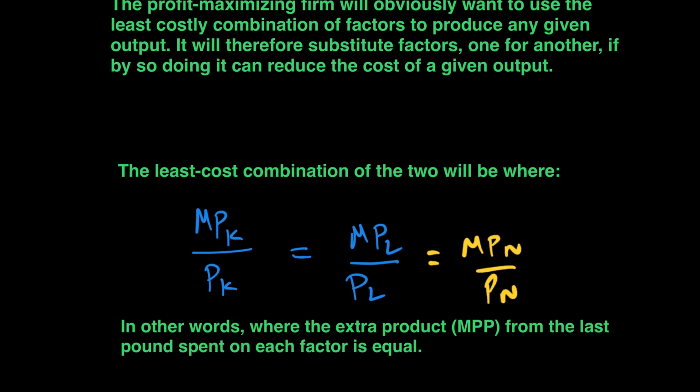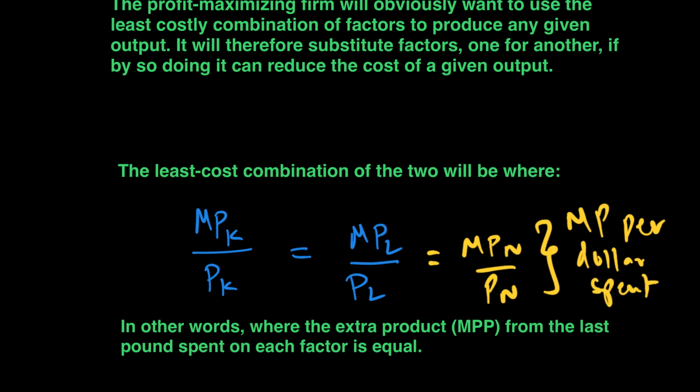This is what we call the Equi-marginal principle, which says that the marginal product per dollar spent, let me write this, MP per dollar spent must be the same for all inputs. If MP per dollar spent is the same for all inputs, we are basically getting ourselves a situation where we have maximized our output from a given level of input or minimized our cost for a given level of output.